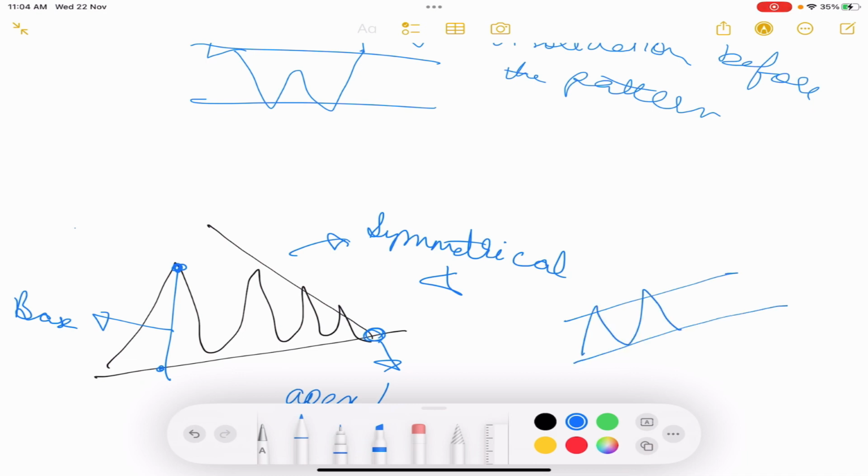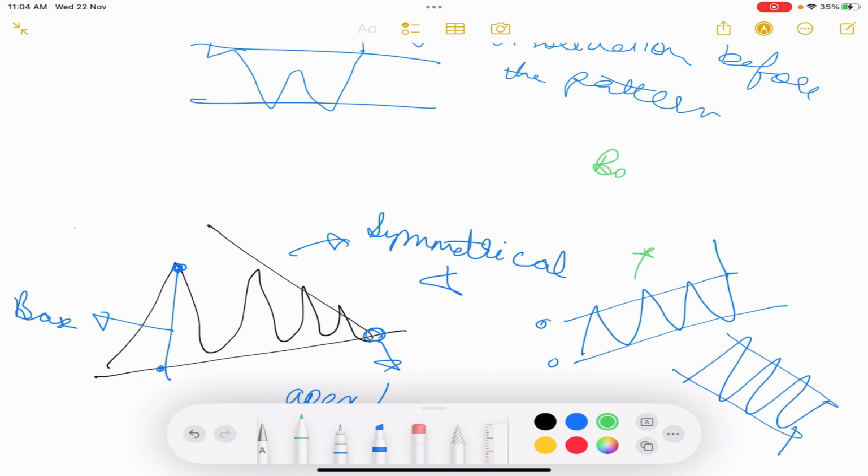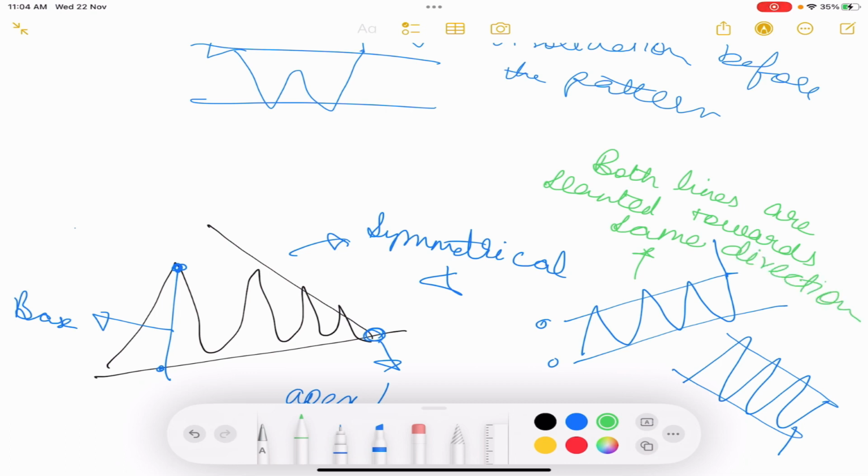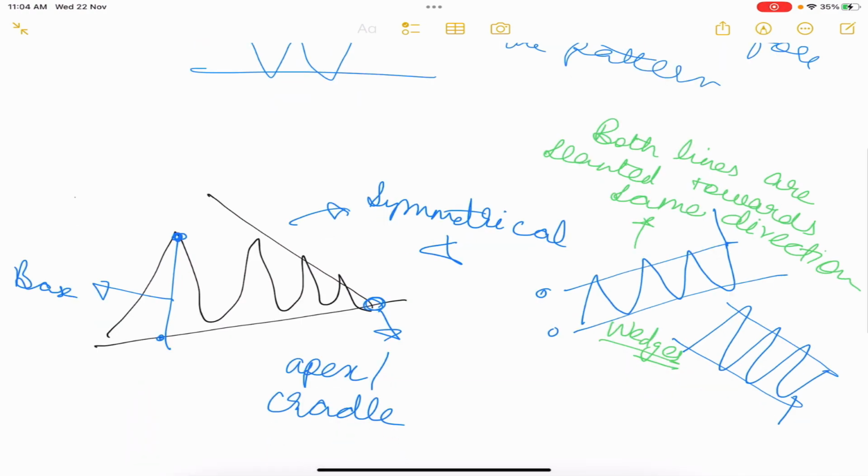This is a wedge. There are slanting lines, but both the lines are going towards the same direction. These are known as wedges. So keep that in mind. All right.